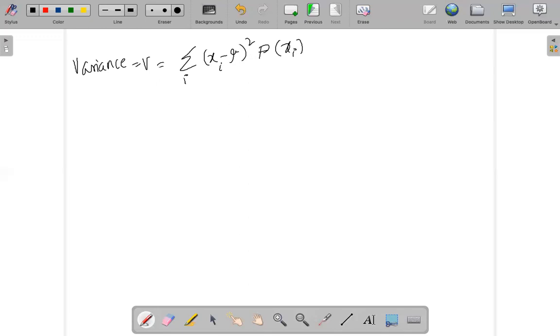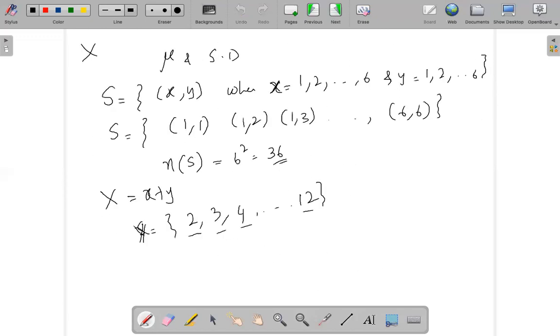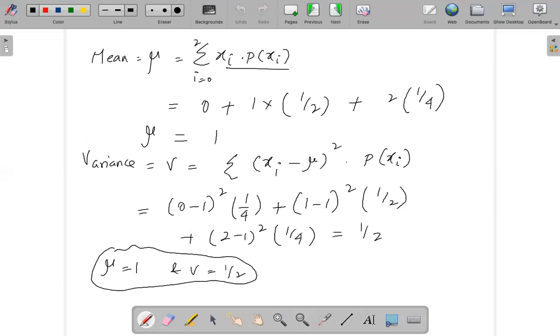So this also we know the formula, we have seen it earlier. Let me show it once again. Yeah, this is the formula.